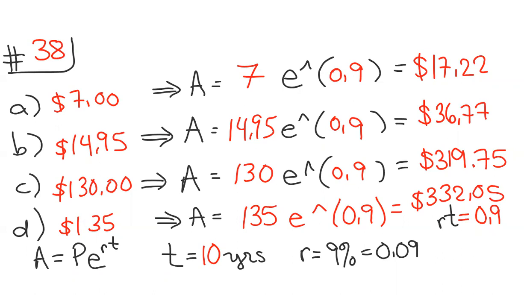Now for number, let's see, 24 to you is 42 to me. So let me clear this one out. So 42, for you it's 24, for me it's 42.